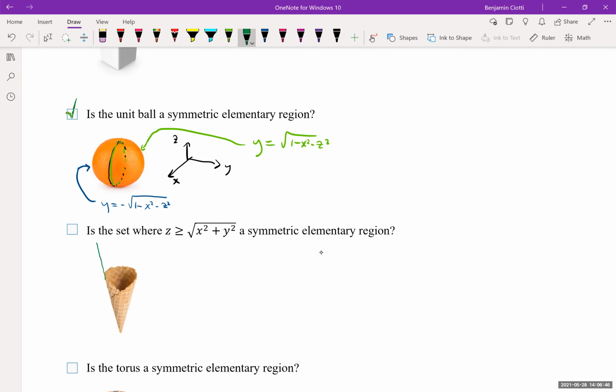Which way should the normal point on the inner boundary? Yeah, it should point away from the flesh of the coconut, which means it actually points inside. So yeah, in the interior of the coconut, right here.